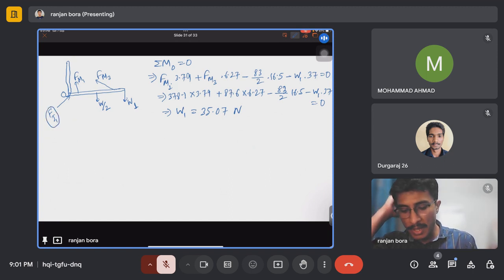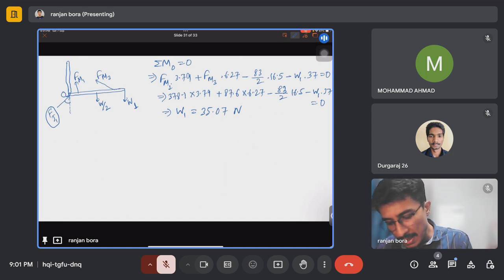FJ1. How will we find it? We'll take the components, the horizontal and vertical components, and we'll do the force equilibrium. Let us take this angle as alpha.